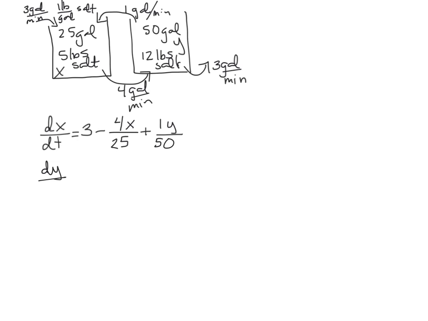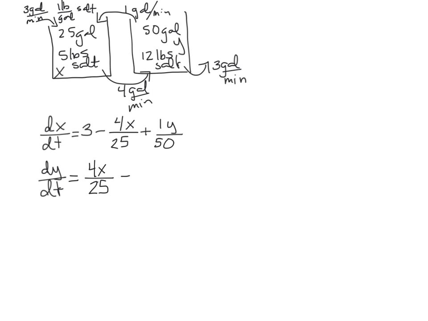I'm going to do the same thing for the amount of salt in the second tank. Now, that second tank does not have any pounds of salt entering the tank directly like the first one did. The only thing that's entering the tank is this guy right here that's coming from the first tank. So entering that tank, so that's a positive because it's entering it, 4 gallons with a concentration coming from tank X divided by the volume in tank X, which we determined was 25.